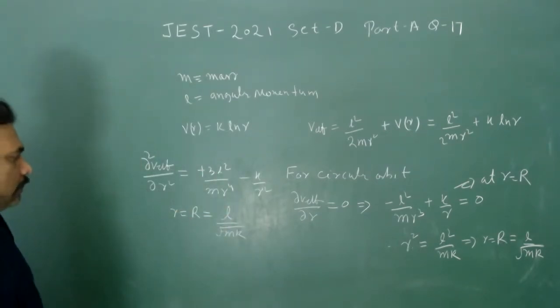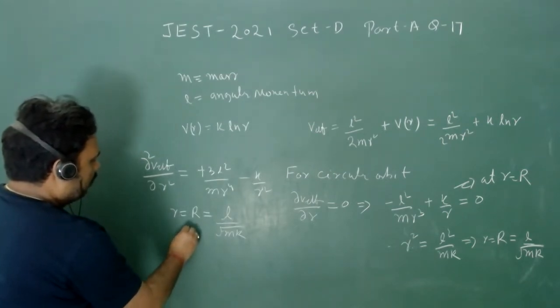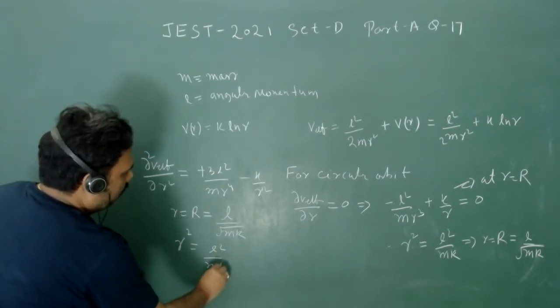Now we have to put this value in. Obviously r square is equal to L square upon mk.